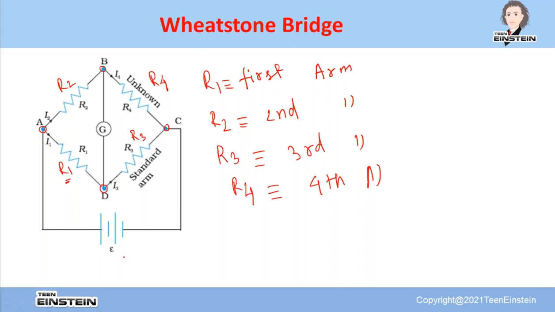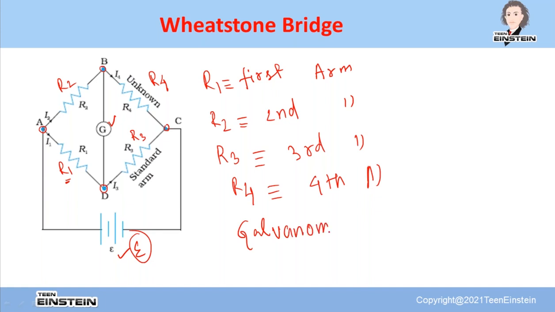Now, to do any experiment with electricity or electric current, you need a source which can give you current. So look here, the cell having EMF E is connected between two diagonally opposite points, that is A and C. Across A and C, the cell of EMF E is connected.